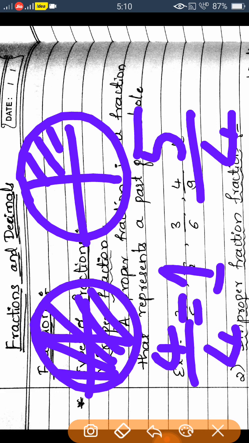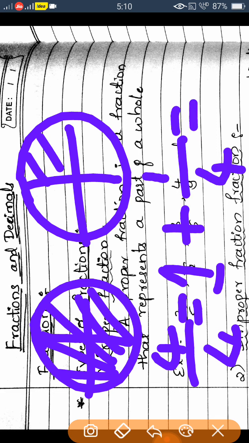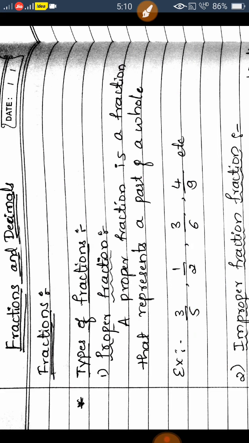But the total number of parts is not 4, so we can write this 5 by 4 as 1 whole plus 1 by 4. That means 5 by 4. This I'll show you how.